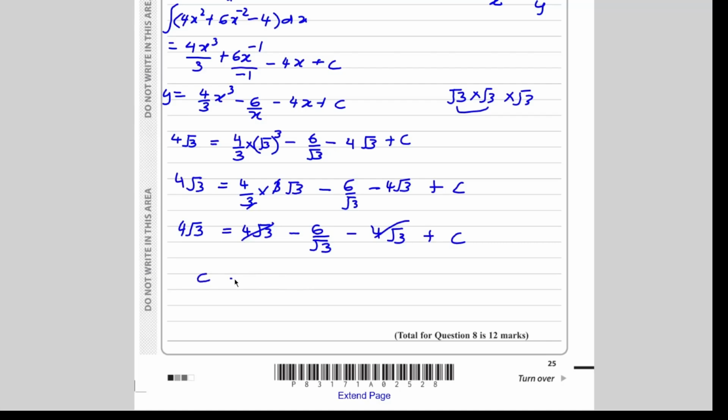Then C equals 4 root 3 plus 6 over root 3.